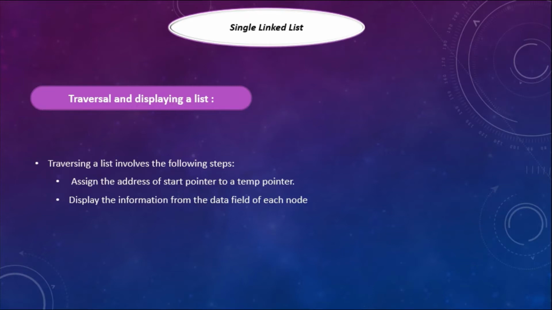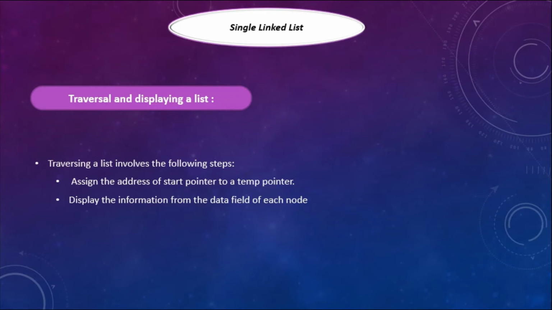And we can also traverse the linked list in two ways, from left to right or right to left. That means we can traverse the linked list from the starting to the end and from the end to the starting.